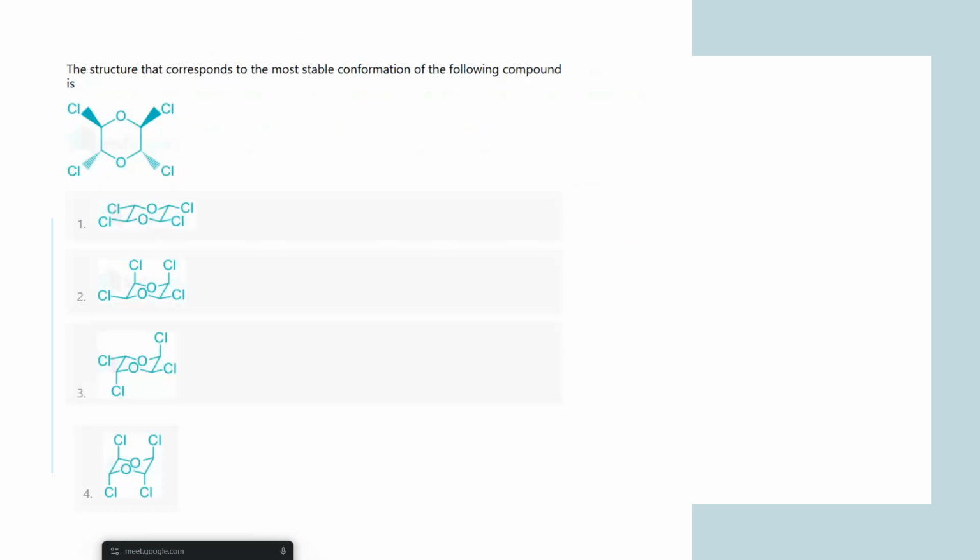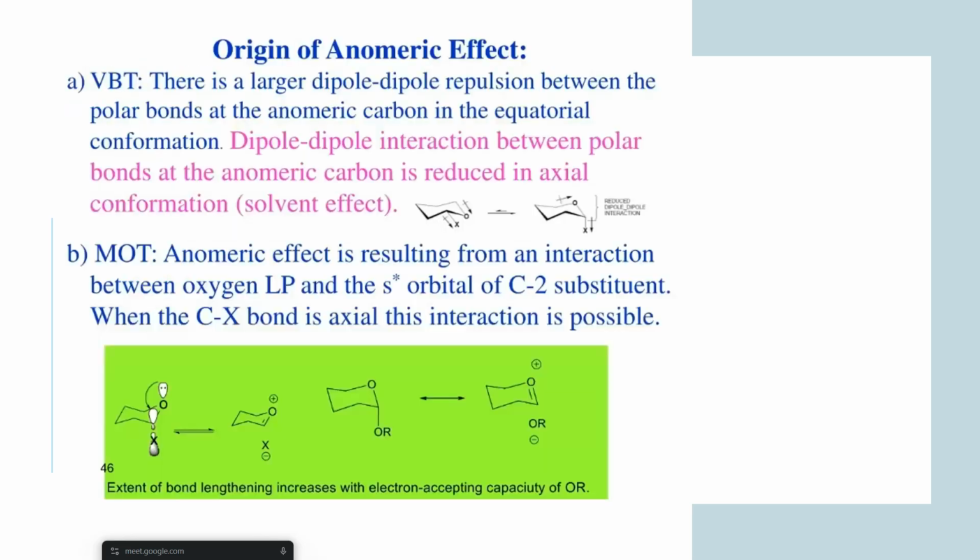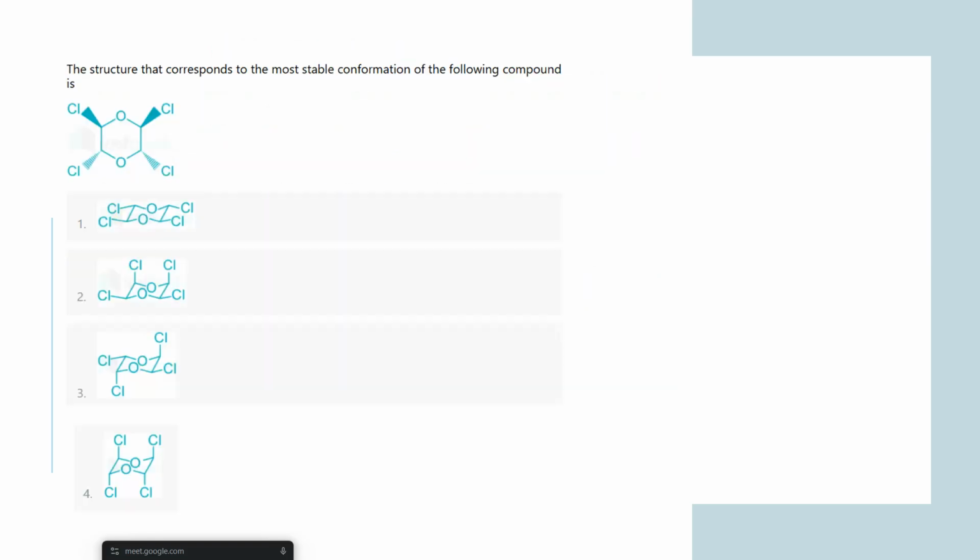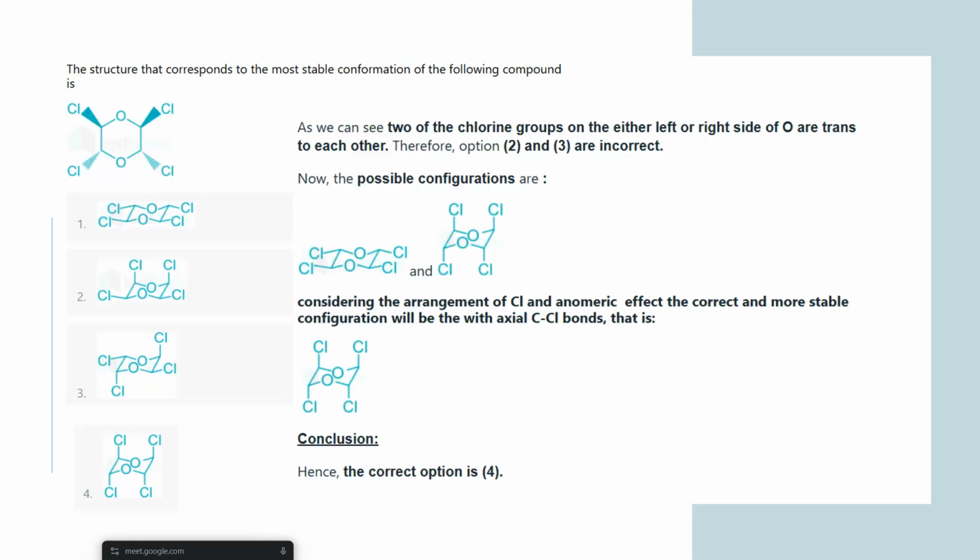After that, we talked about the anomeric effect, and we understood the concept of the anomeric effect and why it brings stability to the conformations. And out of these 4 possible options, we saw that the one in which all the carbon-heteroatom bonds are placed in axial position was the most stable one.